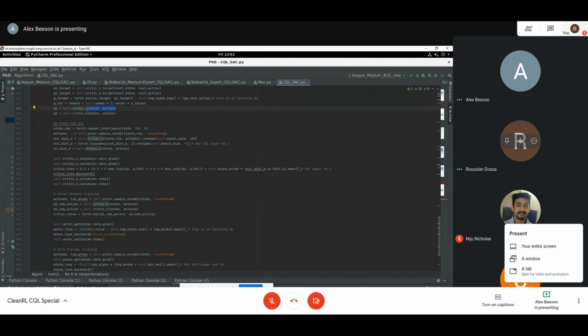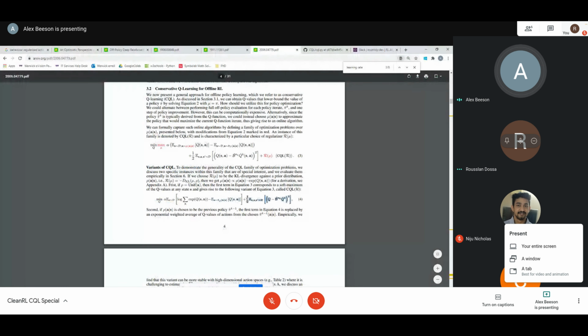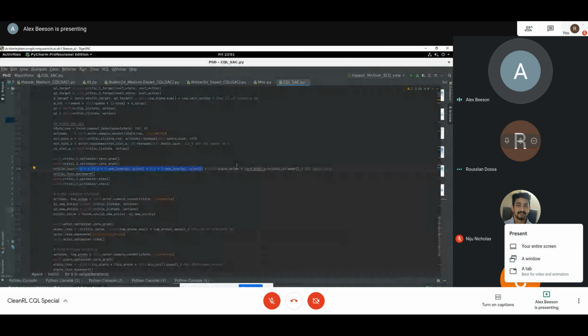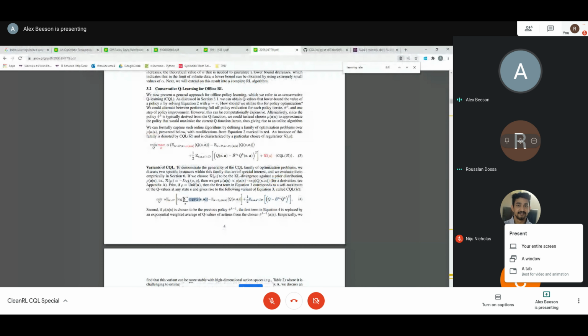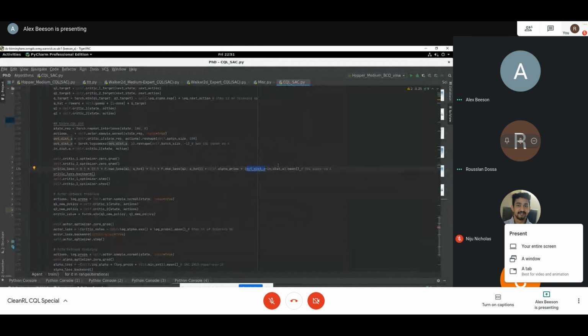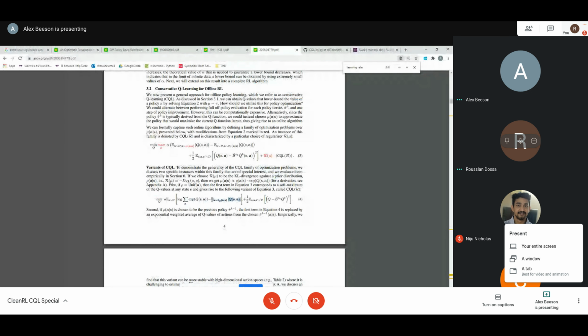Yeah, okay. And then this is where it gets a little bit messy, but essentially this is your normal Bellman update, and this is the extra bit. This is this bit, and this is this bit.